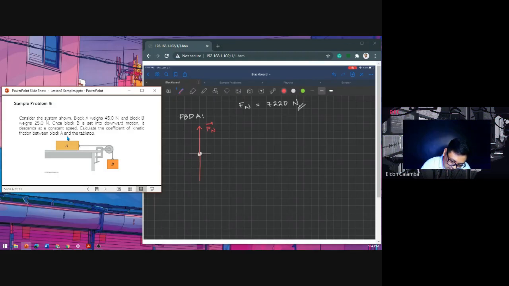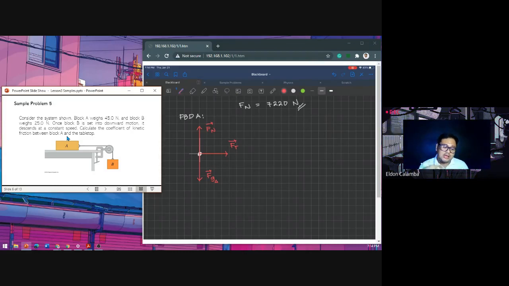You have the weight, FGA. You have the tension force, right? You have that FT. Now, ang motion natin, it is going to the right. Kasi set in downward motion man si box B. So, pababa. So, mahila niya si A. So, to the right si A.